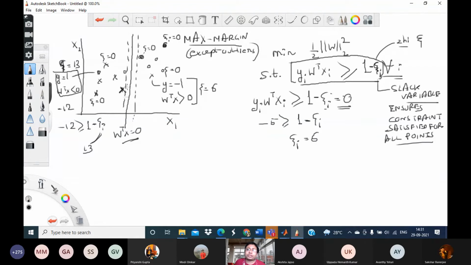For certain choices of w, some points will not be correctly classifiable. So for those points, an appropriate value will be given to these xi's to make sure that these constraints are satisfied. That is why it is called a slack variable. Its values are usually 0, but they are called up when necessary.